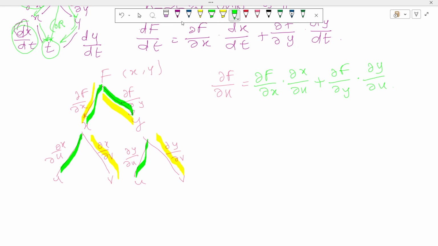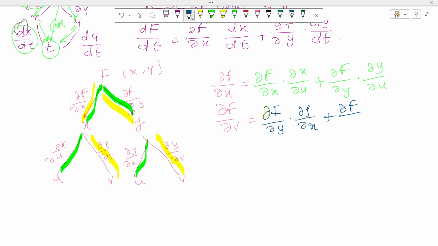Similarly, I want to find dou f by dou v. If I want to find dou f by dou v, only yellow I am writing. I'm not able to see yellow maybe. Yes, it is not visible. Instead of yellow I am writing some other color.